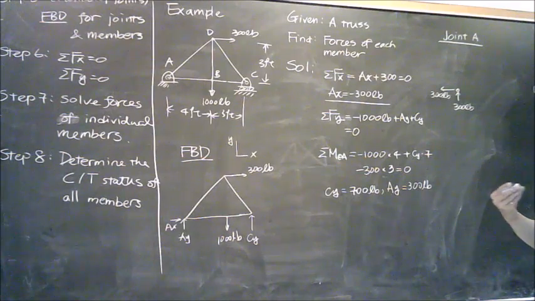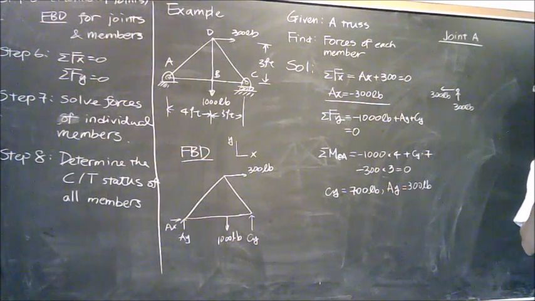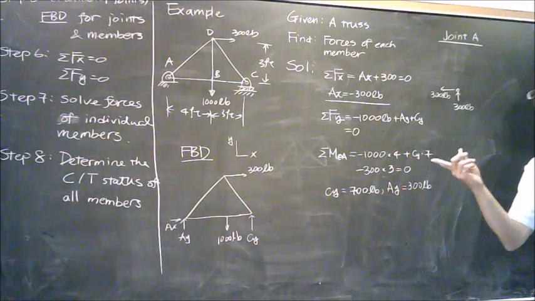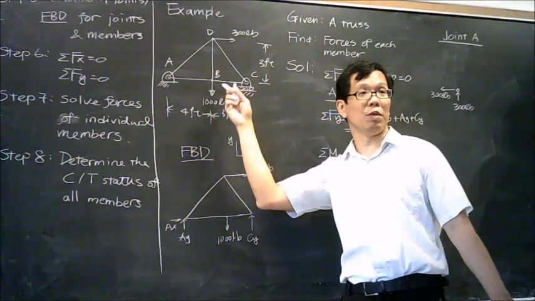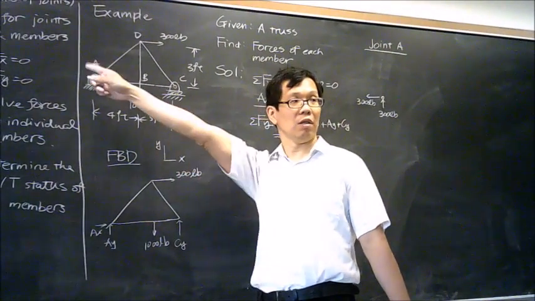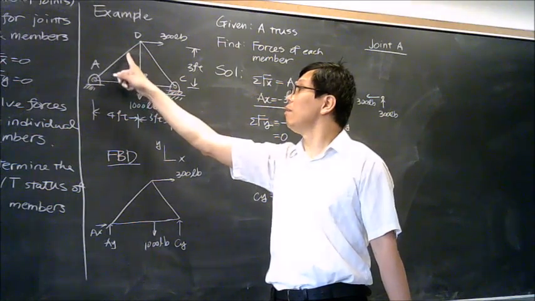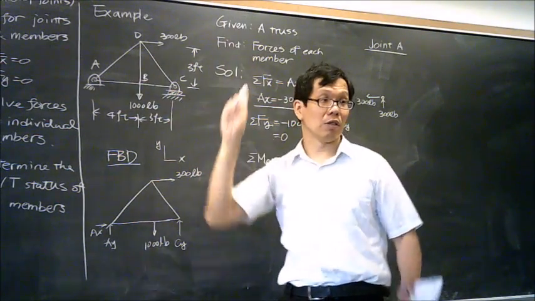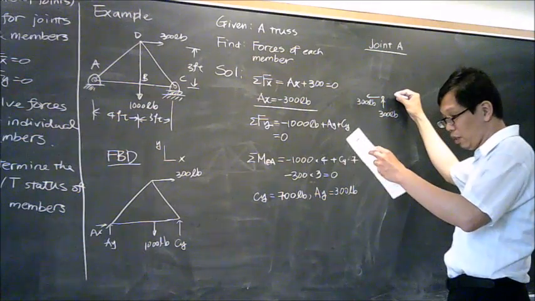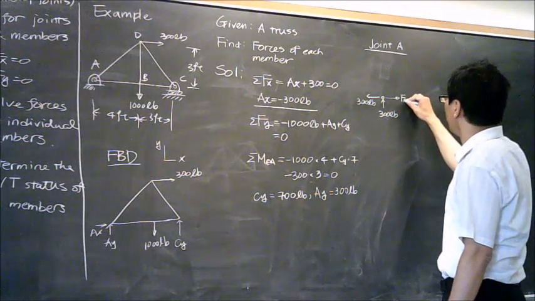Do we know the direction of member AD and member AB? We do, because AB is horizontal, and this is a 2 force member, which means the force must be this direction or this direction. AD must be this direction or that direction. So we just need to make an assumption over here. I would assume this is my FAB.